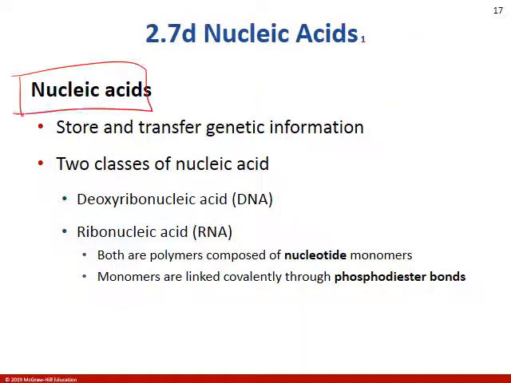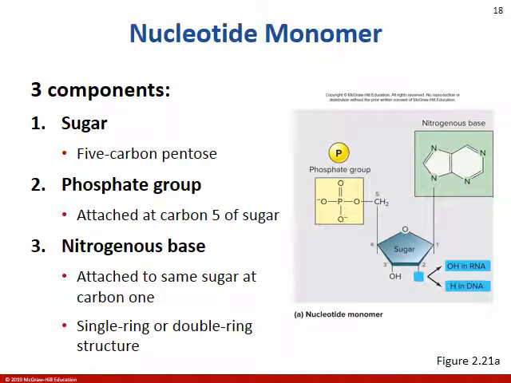Now we move to our third macromolecule, and that's nucleic acids. We just saw these sugars, deoxyribose and ribose. So the backbone of your DNA is sugar. Let's look at a nucleotide on the next slide. Every nucleotide monomer consists of these 3 components.